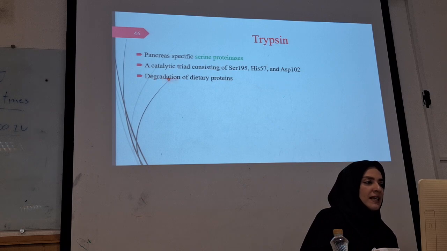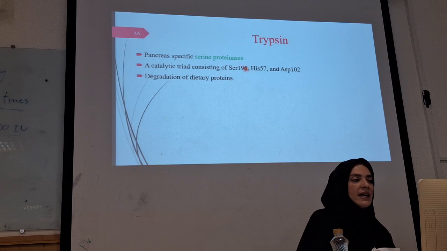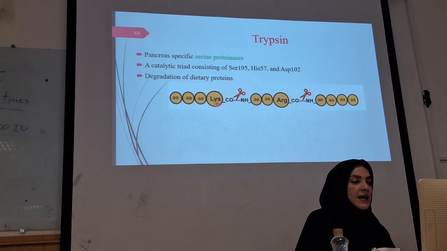So, trypsin actually contains a specific serine. Not only serine, histidine and aspartic acid are also present in the active site. But serine deserves specific attention because it has a very specific role in the digestion. And as you understand, this is the digestion of proteins.